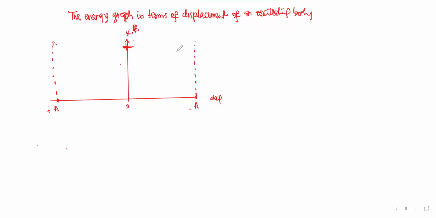Okay, so if we are starting from the extreme, then potential energy must be maximum at that point. So maximum energy, and as we move to the mean point, for potential energy, the energy will be decreasing.